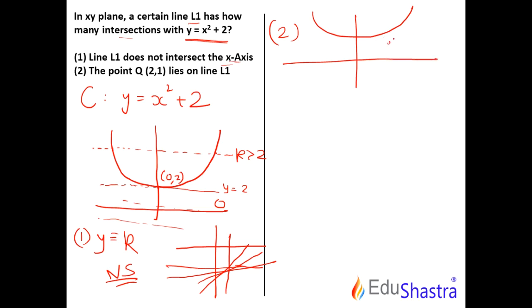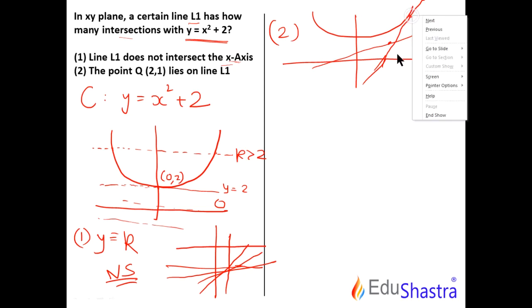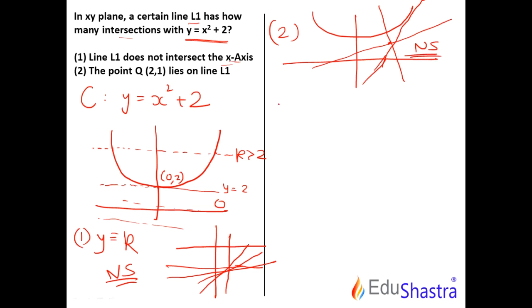Now the line can be like this, not having an intersection. It can be a tangent to the parabola having exactly one intersection, or it can intersect here and somewhere above and have two intersections. Again, I have multiple possibilities, not sufficient.